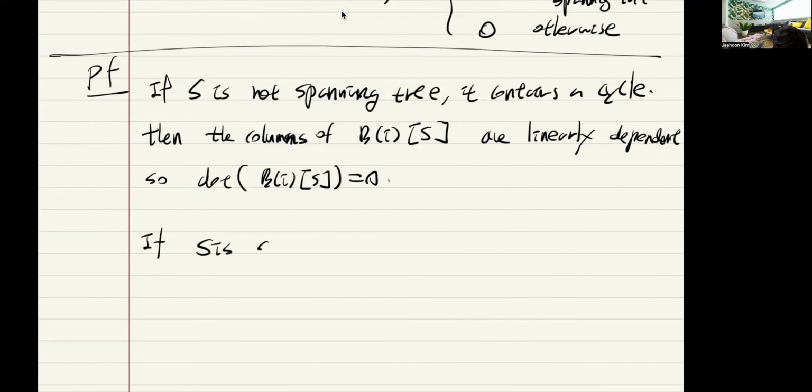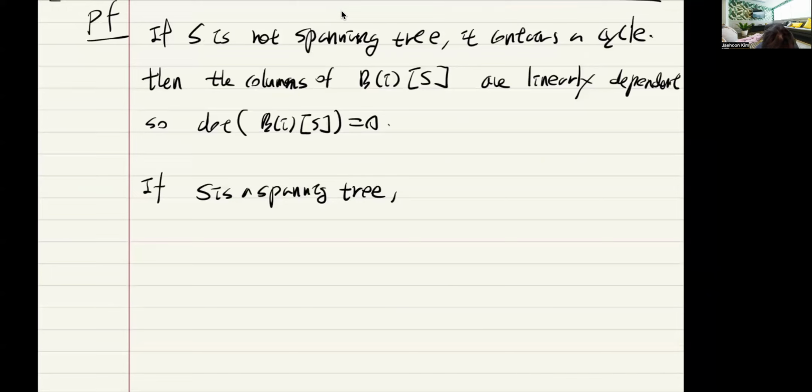If S is a spanning tree, then what? We know that if it is a tree, you can order the vertices in the degeneracy ordering so that all the vertices have at most one earlier neighbor. Then you can flip it so that every vertex has at most one later neighbor.